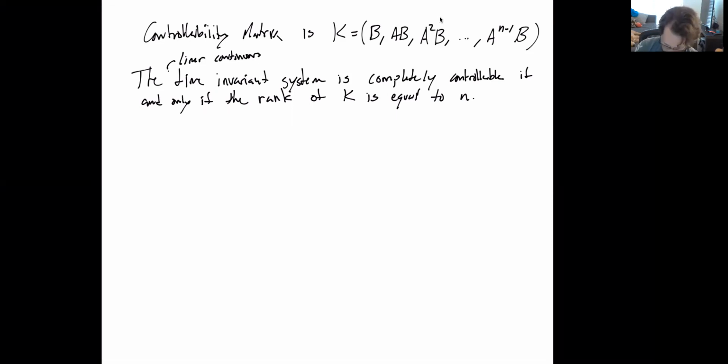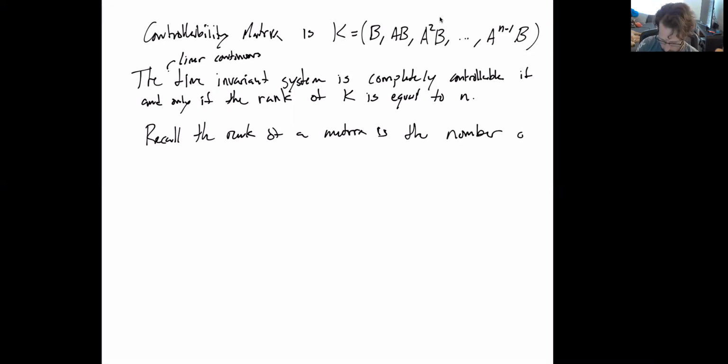All right. And then recall that the rank of a matrix is the number of linearly independent column or row vectors.